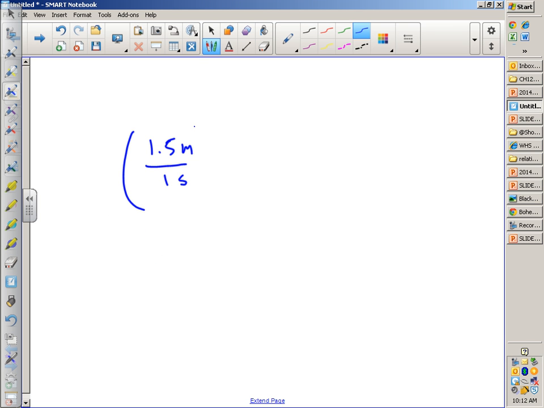So you've got that whole quantity over 1.2 meters, right? Does that make sense what we're doing? F is equal to V over lambda. This is V, this is lambda.